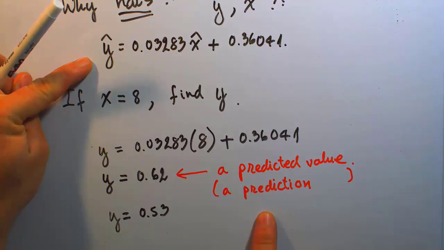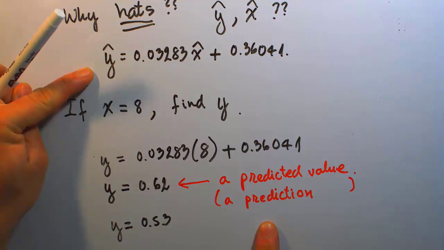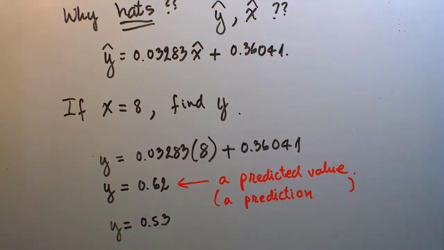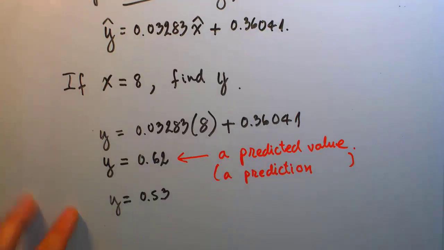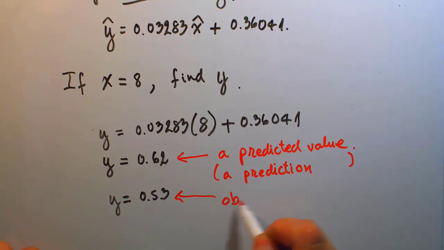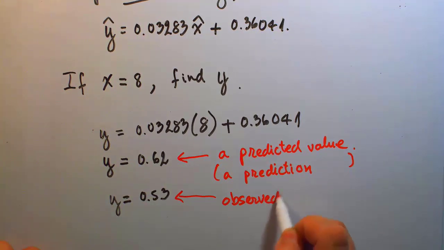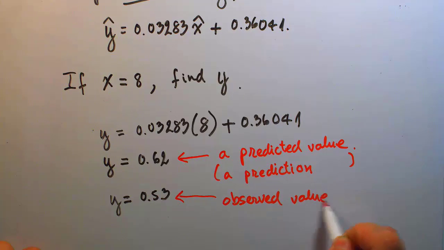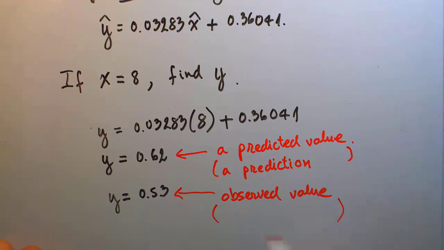Anytime you come up with the best fit line equation, the entire purpose of that is to predict the data values that are outside of our data points, and we will get to that explanation a little more clearly later on. But the other y value, the one that we read out from the table, is actually the formal term observed value, or it's already an observation.